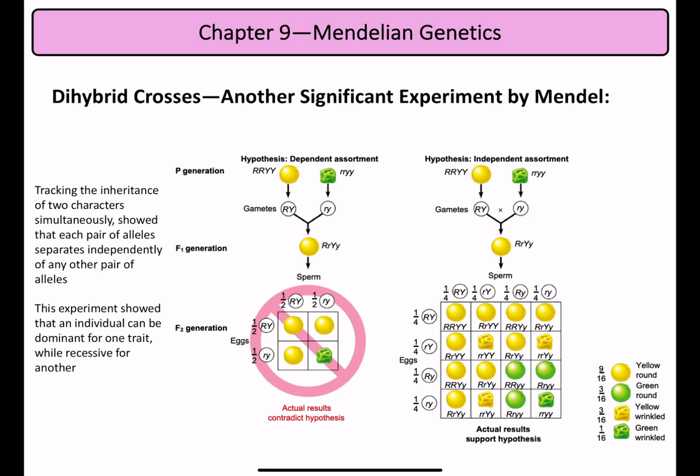So people, animals are not dominant of all their characters at once or recessive all at once. You're mixtures. You can be dominant for one, recessive for another. So the inheritance of one character doesn't affect the inheritance of another. Side note, unless those 2 genes are on the same chromosome, then they might be linked. But don't worry about that unless you're going to be a biology major.